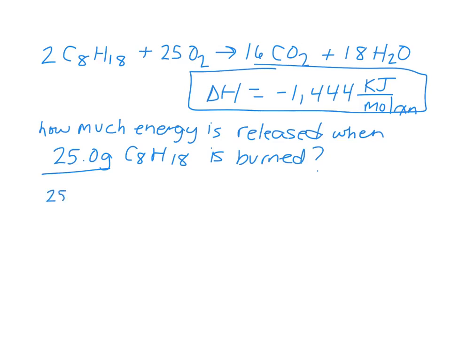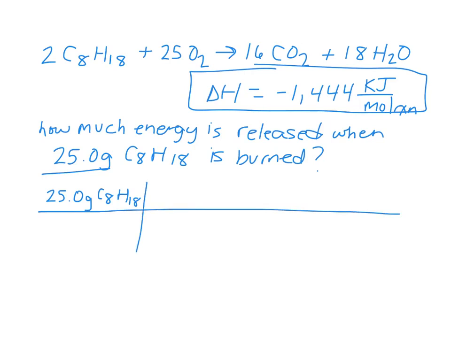I'm going to start with the amount of grams that they give me of C8H18. First I want to cancel out grams of octane and convert that into moles of octane, so that my grams will cancel.